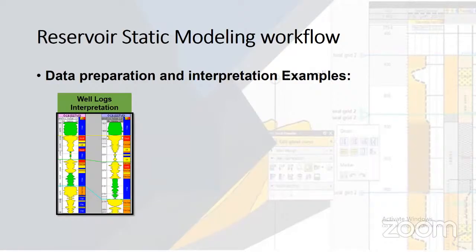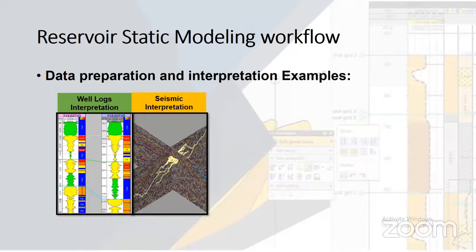The first step in the static modeling workflow is the data preparation and interpretation, like the well logs interpretation. We have some wells that were drilled in our field, so we will interpret the well logs. Interpretation means we will calculate the porosity, we will calculate the saturation, and in some cases we can also calculate the permeability.